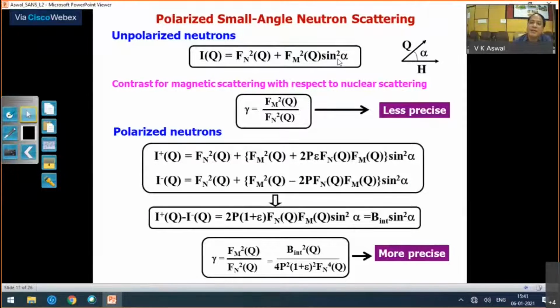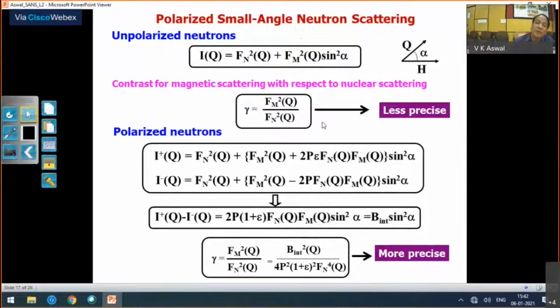And when alpha is 90, you will have maximum contribution from the magnetic part of the scattering intensity. But if this term is very small, then it will be very difficult to measure this over the nuclear part. So mostly the magnetic contribution obtained from this will be less precise.